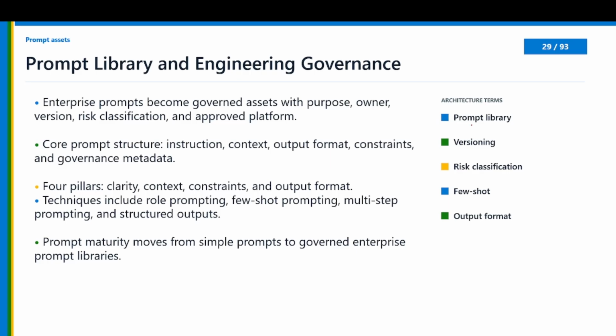The first one is prompt library. In core agentic AI development using Python, and in AI 103 or AI 200 or AI 300, it is said that you should treat prompt as code. So your prompt should be versioned.